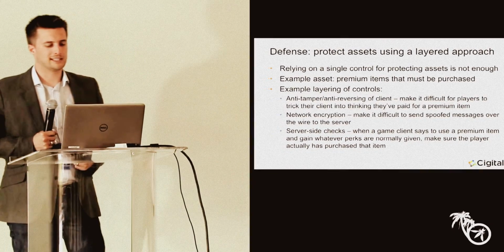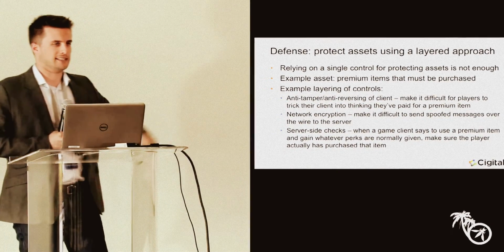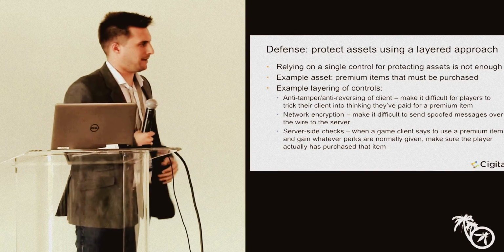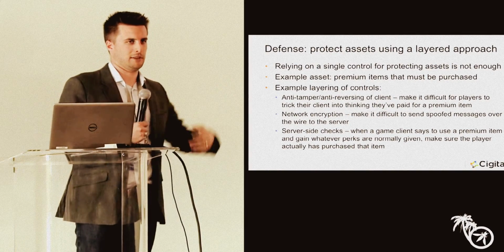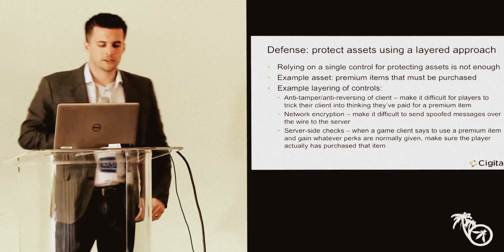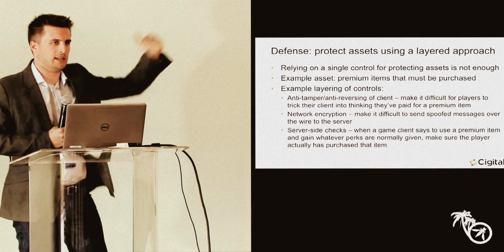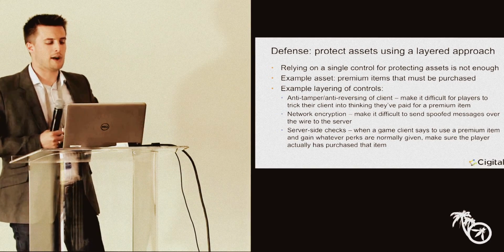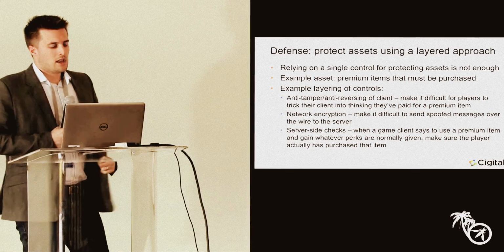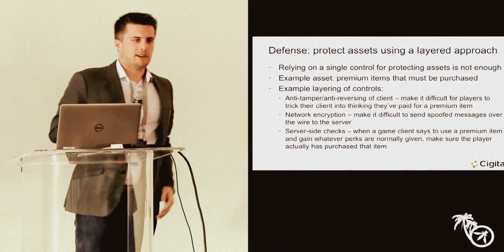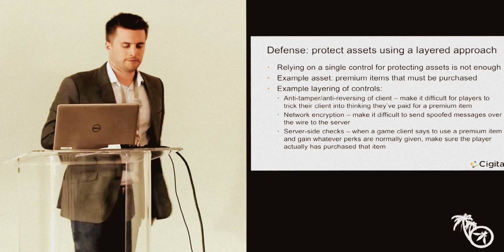But let's say that you've got anti-tampering covered. You're good. Your game can't be reversed, which it always can, but let's say that it's really, really difficult. Then as an attacker, I'm going to go to the next layer down, which would be the network layer, and I'm just going to send spoof packets. I'm not even going to use the game client. Avoid it entirely.